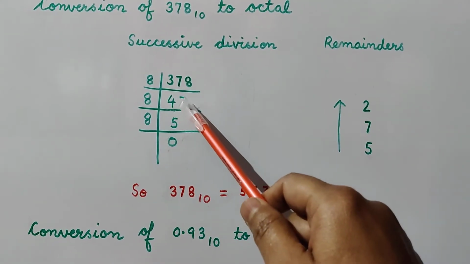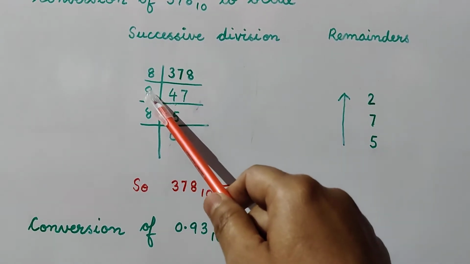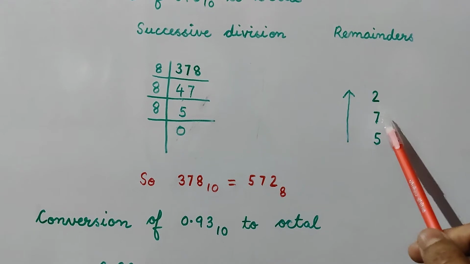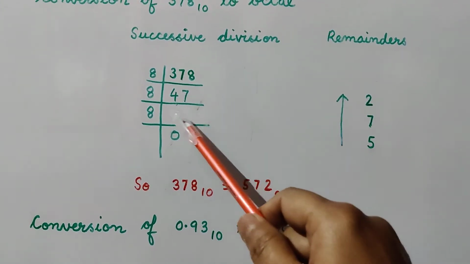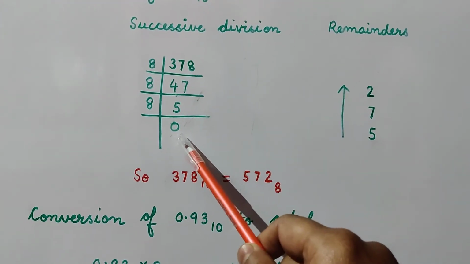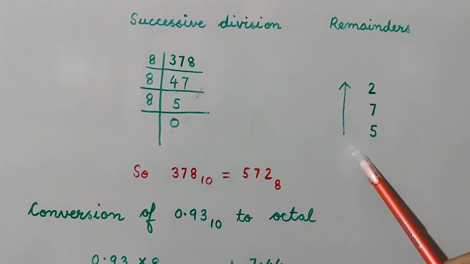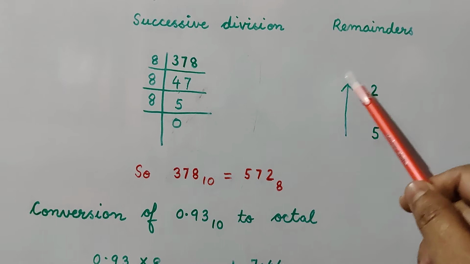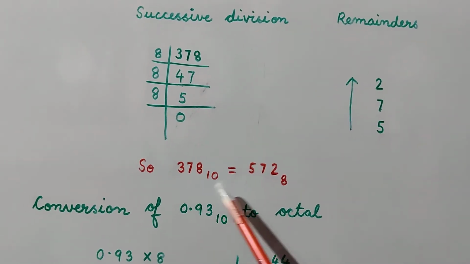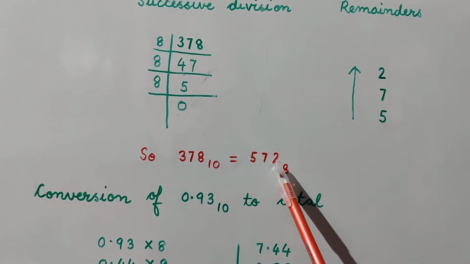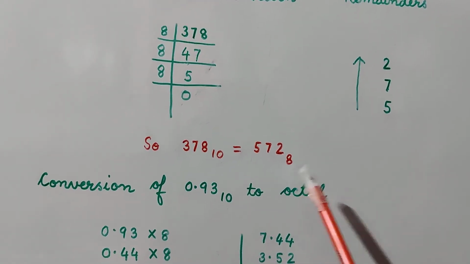Similarly, this number is again divided by 8, then we get the quotient as 5 and the remainder is 7. Now when 5 is divided by 8, the quotient is 0 and the remainder is 5. Now we will read the remainders from bottom to top. Then we get the answer as 378 in decimal will be equal to 572 in octal.